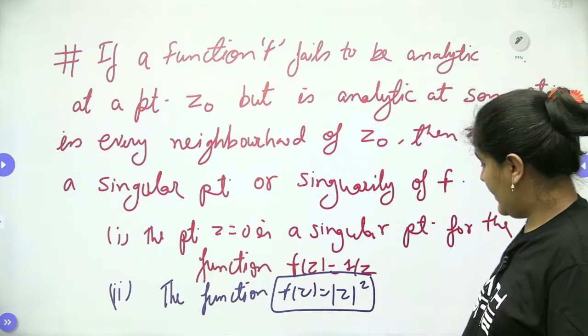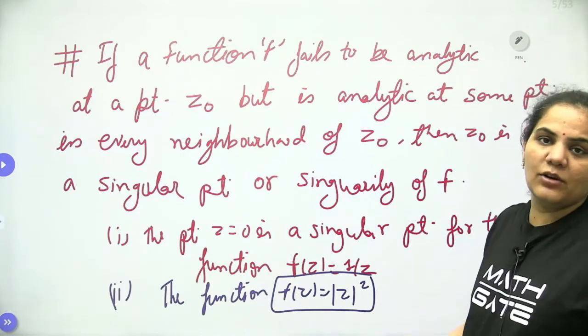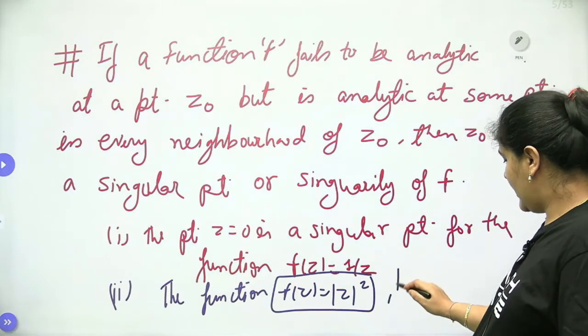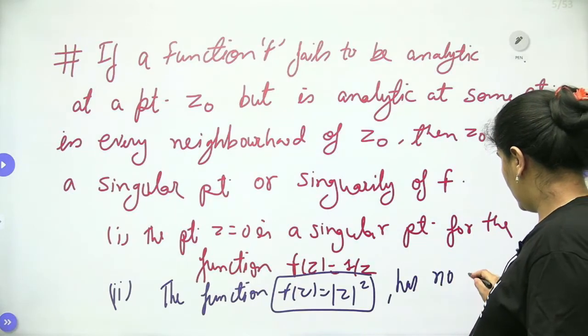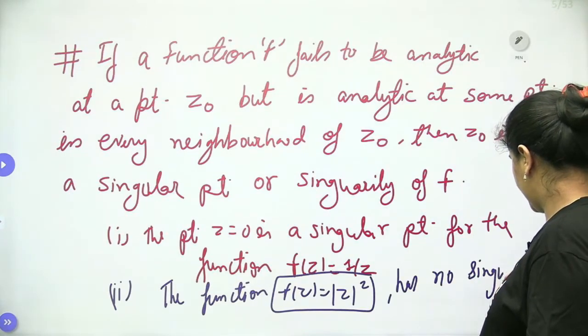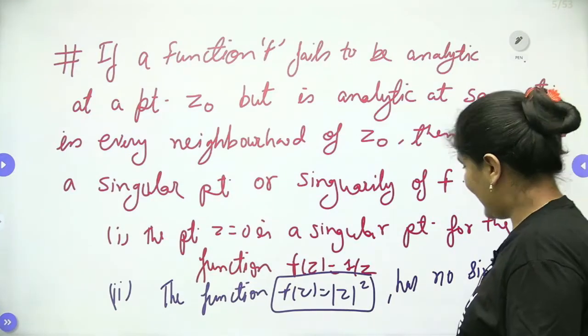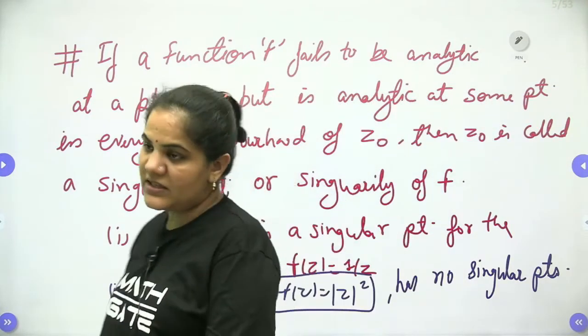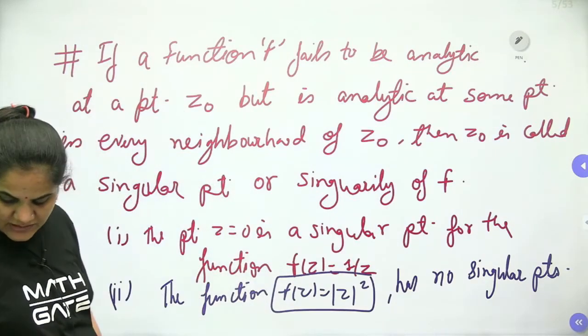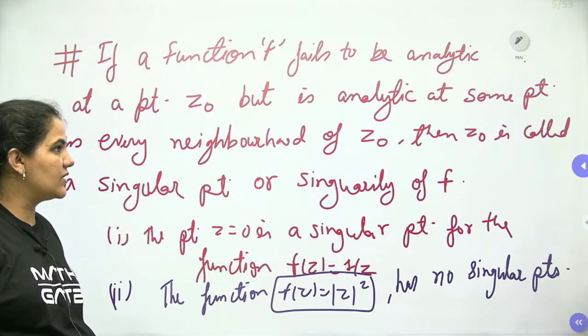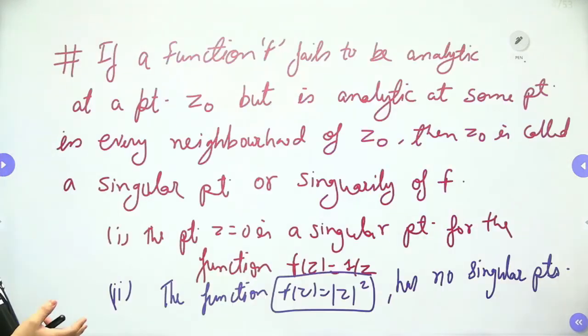Why? It has no singular point because its denominator does not exist. It will be analytic everywhere, so it has no singular points, hence it is analytic everywhere. Clear? So we are not able to find the singular points. Done?